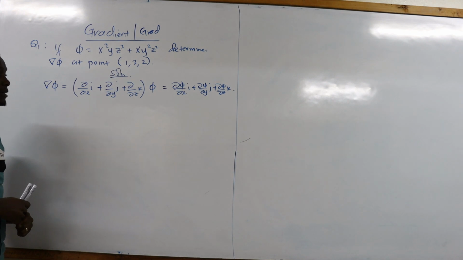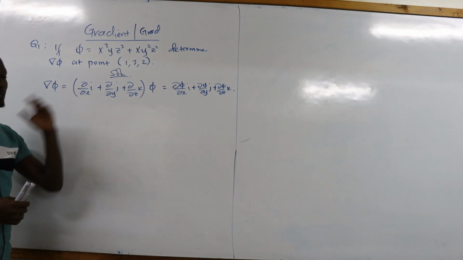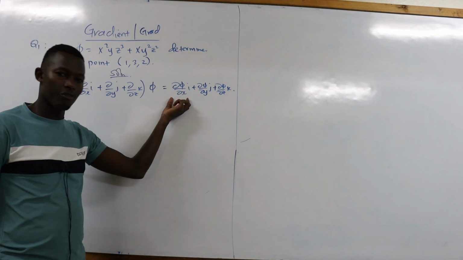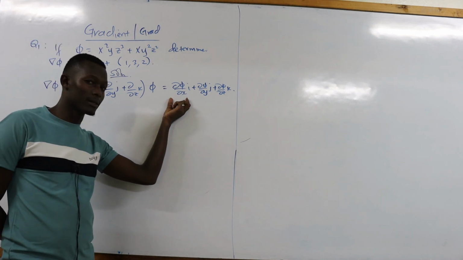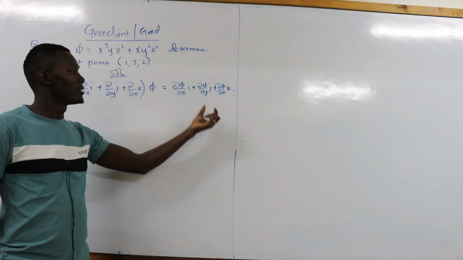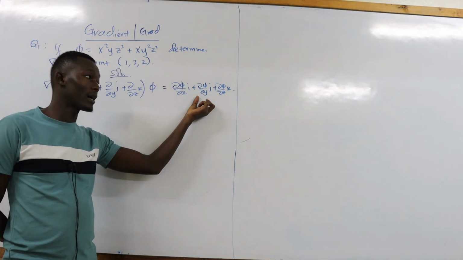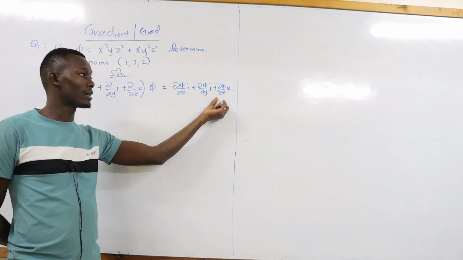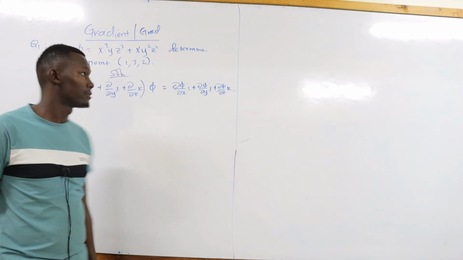Now what does this mean? This just means take the partial derivative of your function with respect to x, then put i. Take your partial derivative with respect to y, then put j. Take your partial derivative with respect to z, then put k.